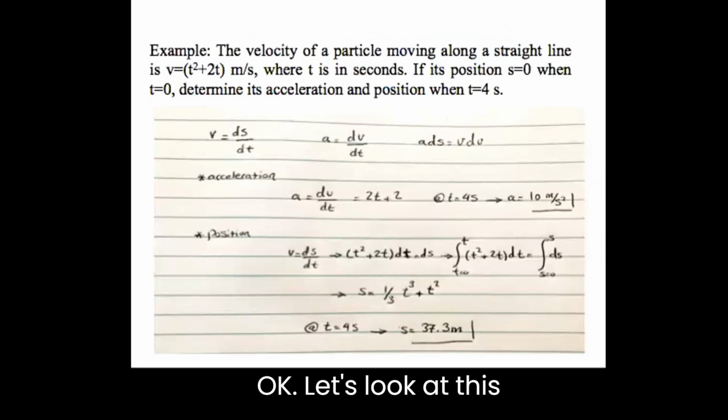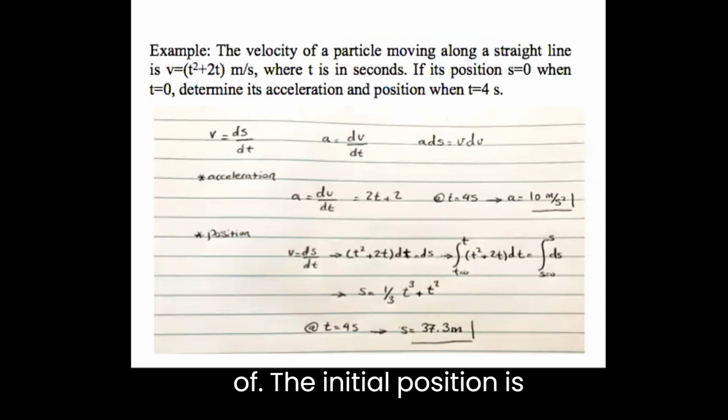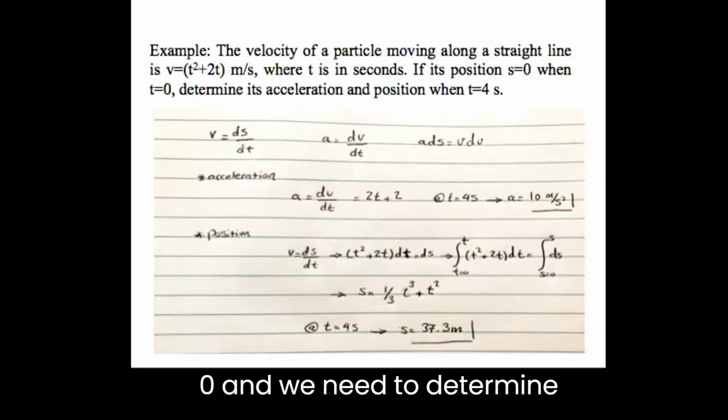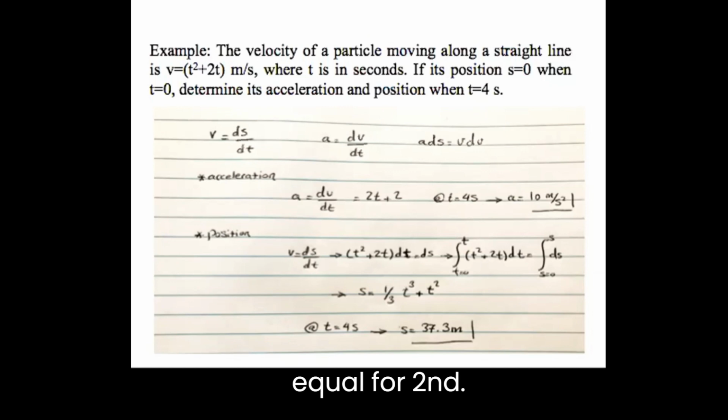Okay, let's look at this example. In this example, velocity is given as a function of time. The initial position is 0 and we need to determine the position and acceleration at time equal 4 seconds. a equals dv over dt.